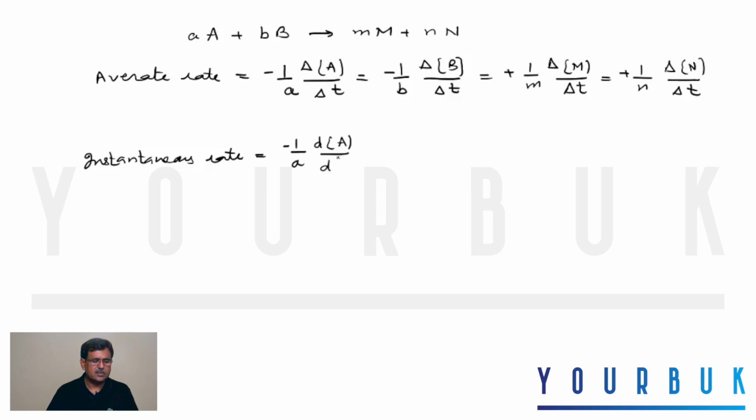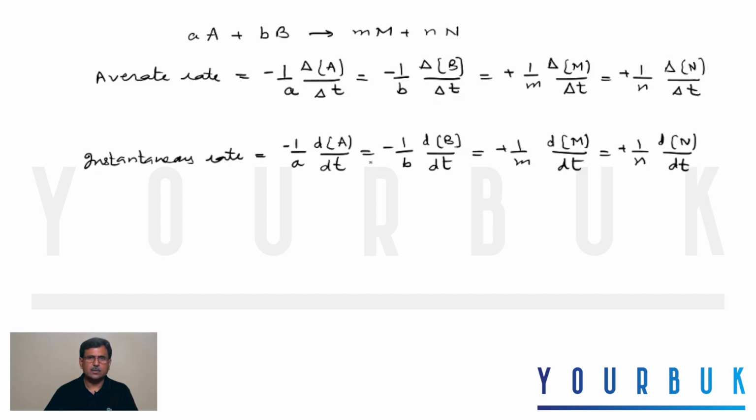This is the instantaneous rate of disappearance of A. This is the instantaneous rate of disappearance of B. And similarly, this is the instantaneous rate of formation of M. And this is the instantaneous rate of formation of N. If we know any one out of these four, we can calculate the remaining three.